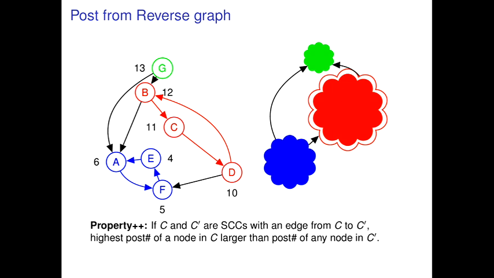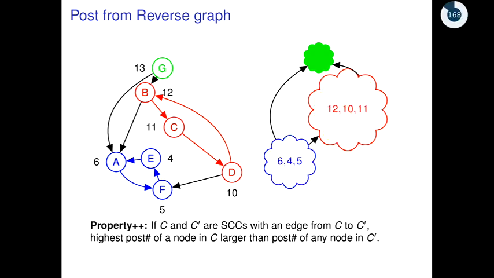Okay, and what is the property? Why is this true? Well, how do I know the highest post-order number left is going to be in the red component? Because I did the DFS in the reverse graph, there exists a node in the red component, C, take that to be the red component.